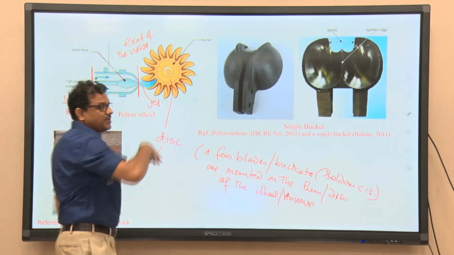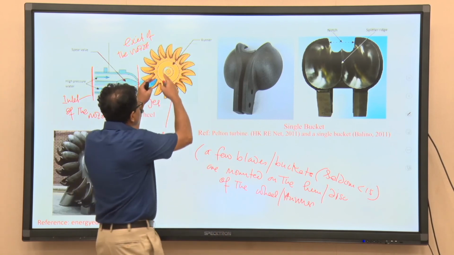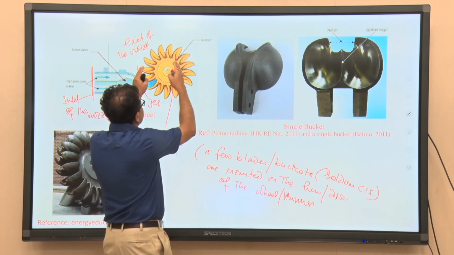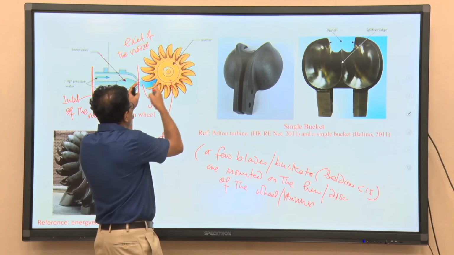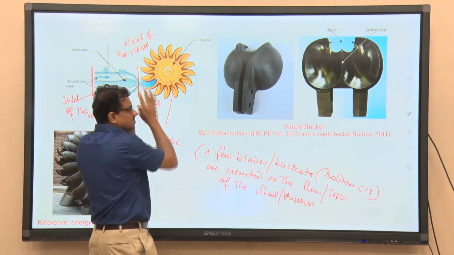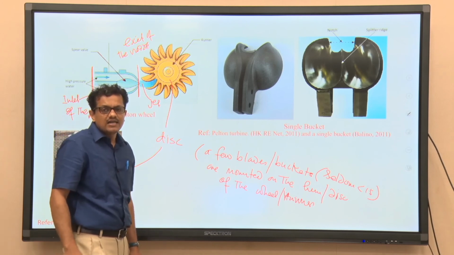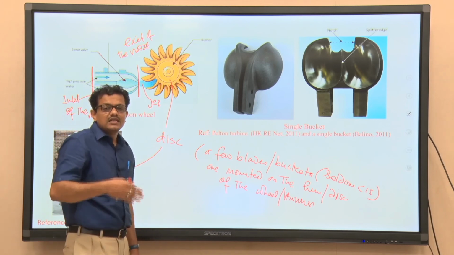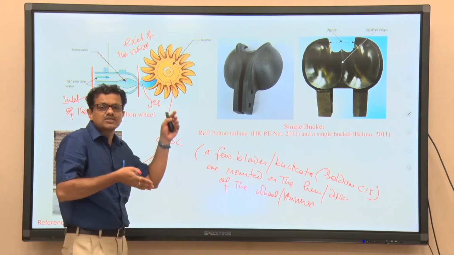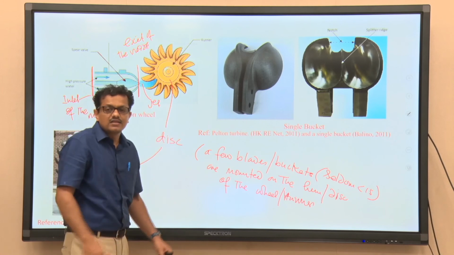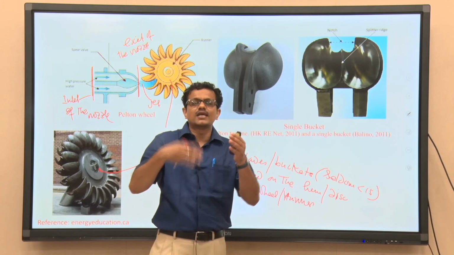turbine blades will be covered with a casing. It is not necessary that the turbines will be covered with a casing, since the entire energy conversion takes place in the nozzle. But when we discuss the reaction turbine we will see that the energy conversion takes place gradually as the high pressure fluid passes through the passage of the runner, and that is why the runner of the reaction turbine is fully covered.